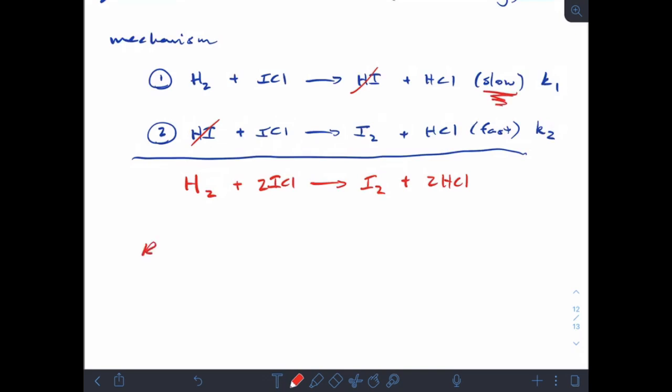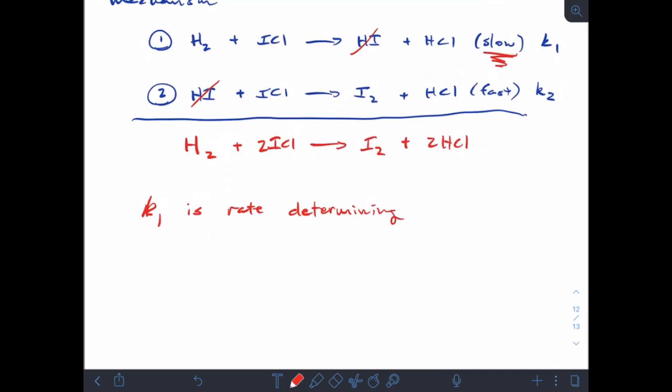Okay, so K1 is rate determining. That rate constant will be the rate for the entire reaction. Okay? And the other thing to remember is that because they are elementary processes, we can write rate law equations from the stoichiometry.